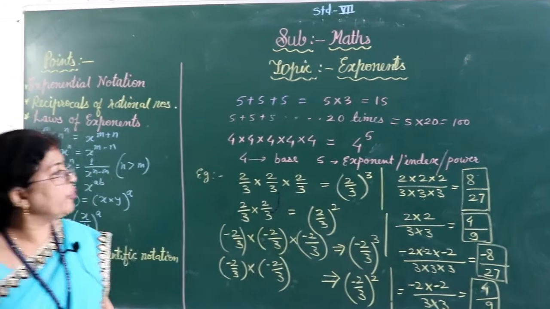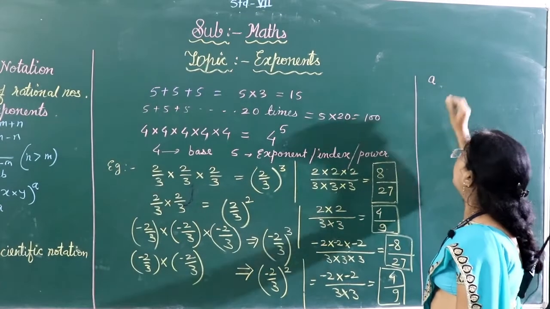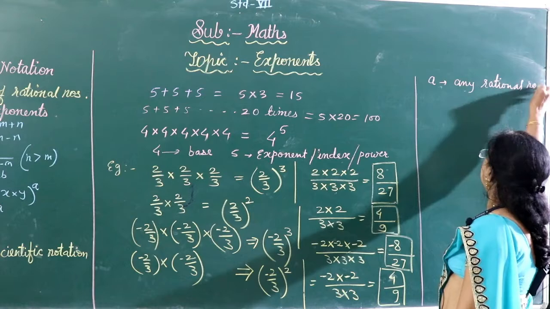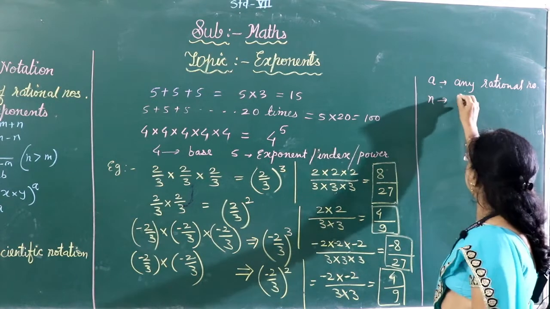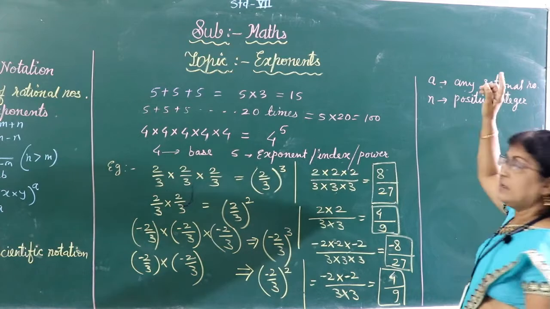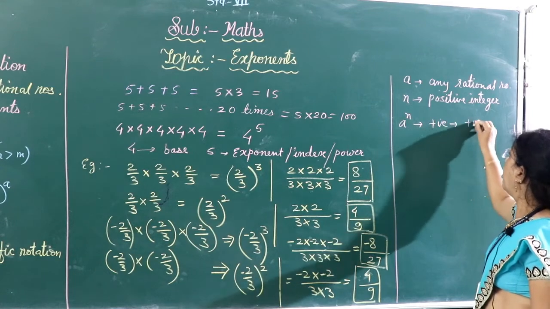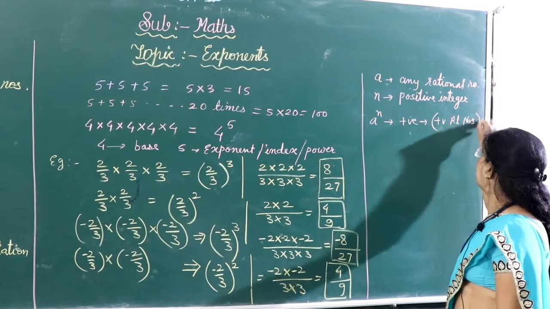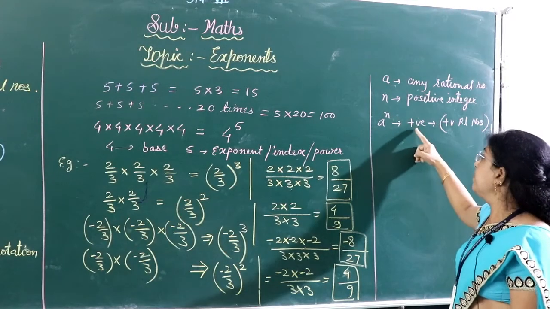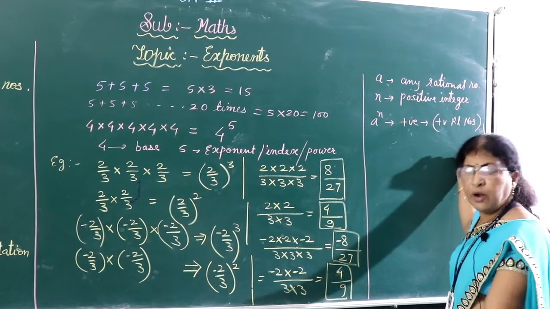So from this, what do you conclude? You can conclude that suppose a is any rational number, and n is any positive integer, then a raised to n will be positive for positive rational numbers, whether it has an odd or an even exponent.